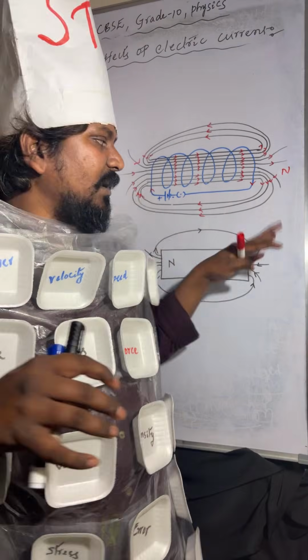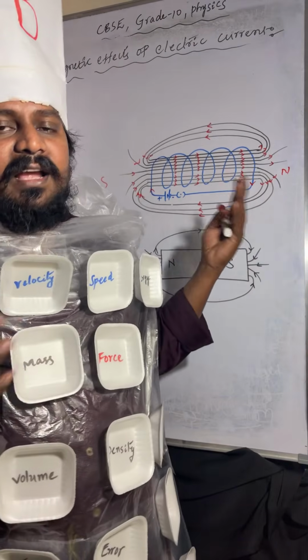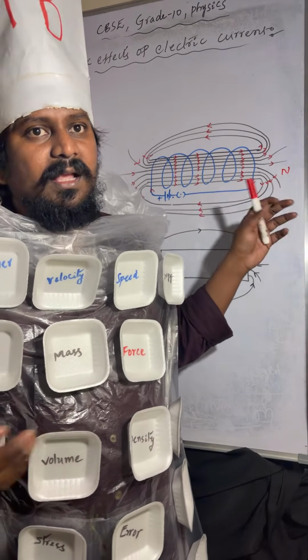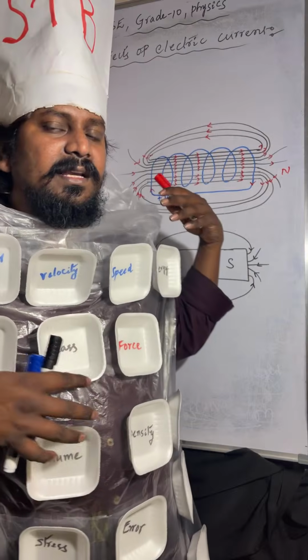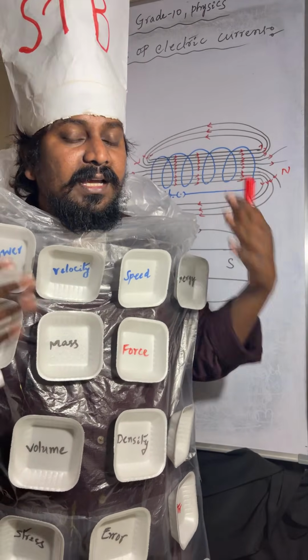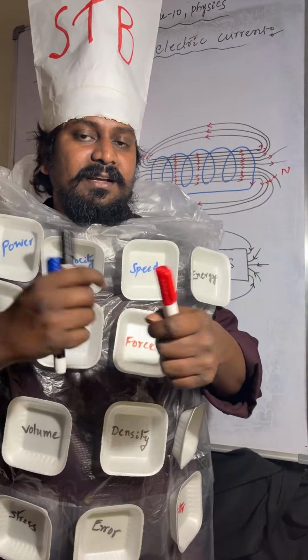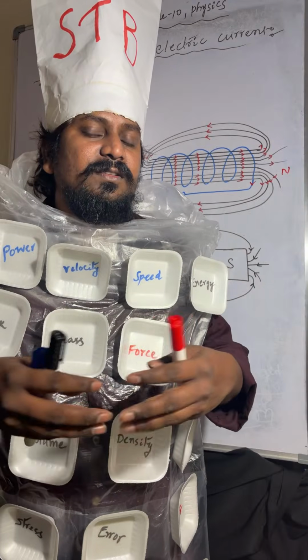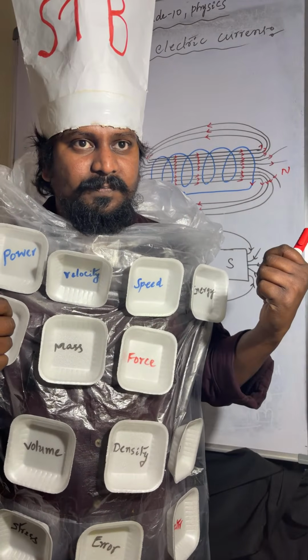So we can't increase the magnetic field, and we can't decrease the magnetic field. Here we can do it. If you want to increase, we can send more current. If you want to decrease, we can send less current. And we can improve the number of turns. If you increase the number of turns also, more magnetic field will be produced. Okay.